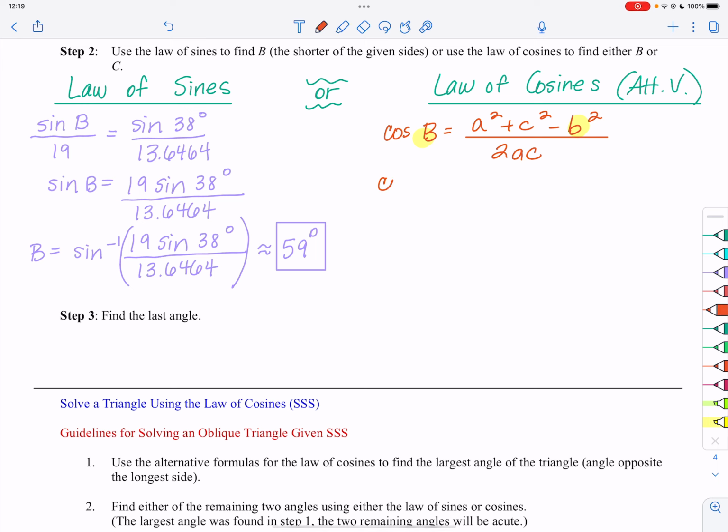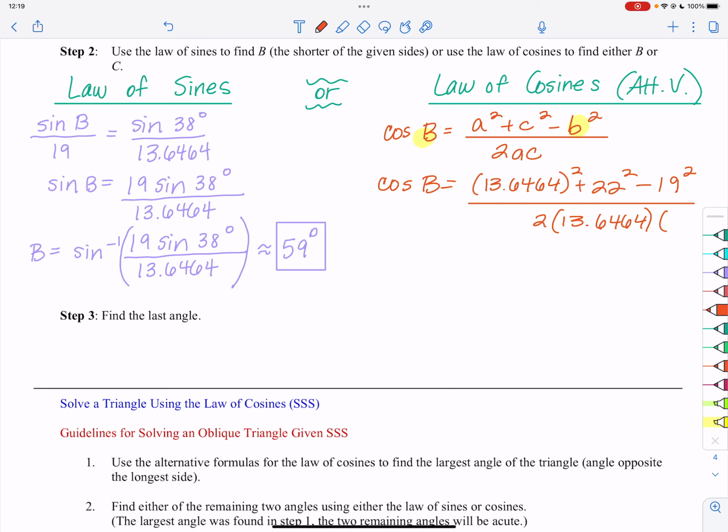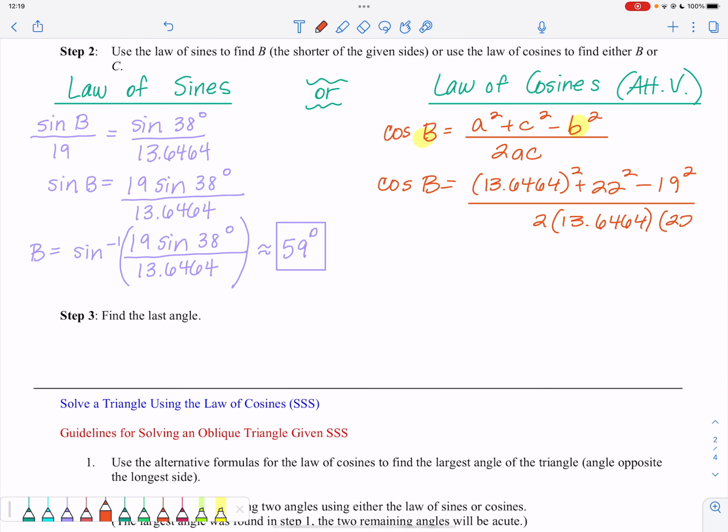So we see that the cosine of B is equal to 13.6464 squared plus 22 squared minus 19 squared, and that's all divided by 2 times 13.6464 multiplied by 22.